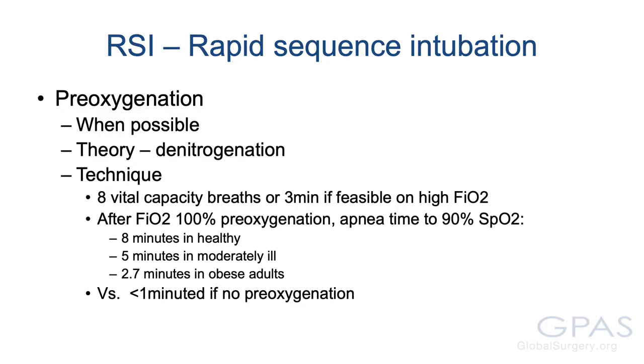The patient may take 8 vital capacity breaths or breathe for 3 minutes at a high flow or high fraction of inspired oxygen, preferably 100%. It often takes healthy patients about 8 minutes before they desaturate to less than 90%, moderately ill about 5 minutes, and obese adults about 3 minutes.